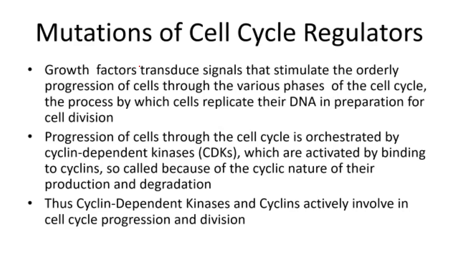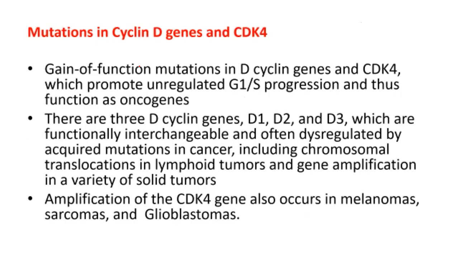The regulators of the cell cycle, cyclin D1, cyclin dependent kinases, and cyclin dependent kinase inhibitors also contribute to normal cellular processes. The mutations in cyclin D1 or cyclin dependent kinases will also lead to formation of aberrant cells and aberrant cellular proliferation.